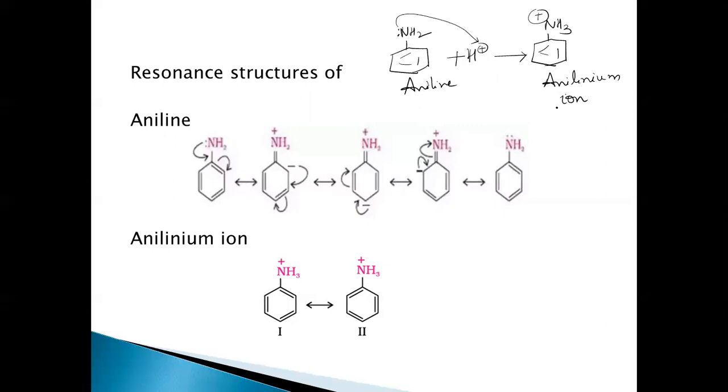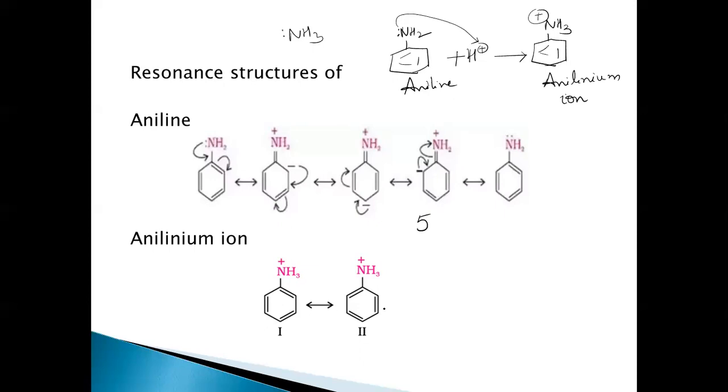This is the second way of explaining why aniline cannot donate the lone pair of electrons on nitrogen when compared to ammonia. Here are the resonance structures of aniline, where 5 resonating structures are possible. But when we look at the anilinium ion, which is formed by the donation of electrons on the nitrogen to the proton, only 2 structures are possible.